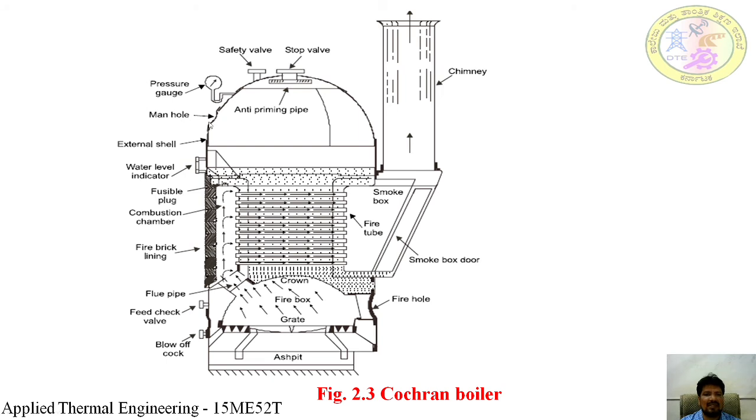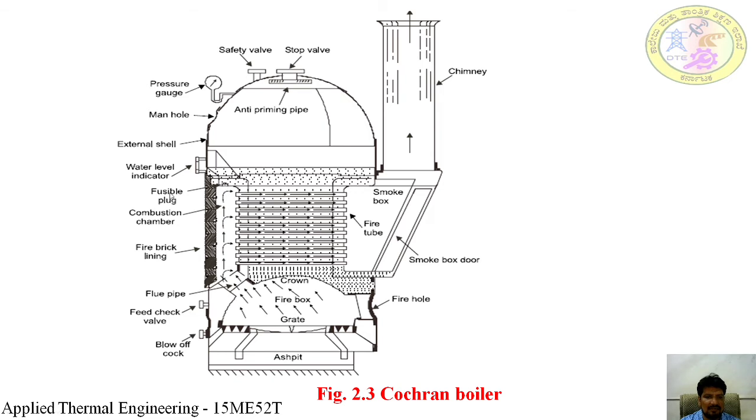A man will enter inside the boiler to repair any internal parts or the external shell of the boiler. And this is the water level indicator. On top of the combustion chamber is the fusible plug.